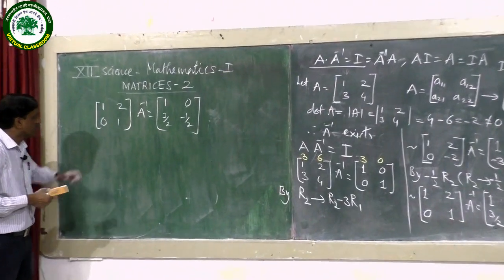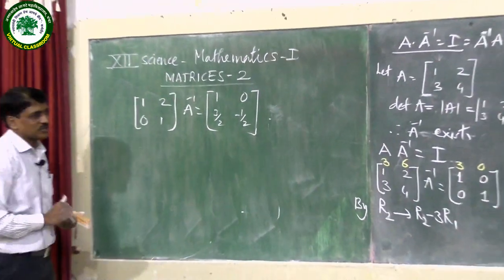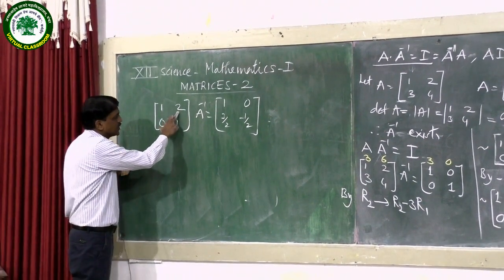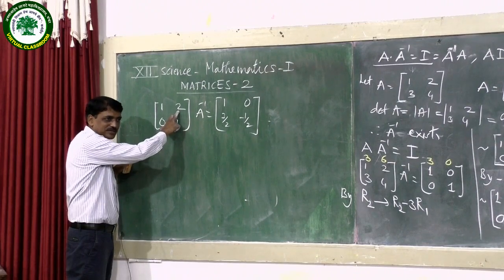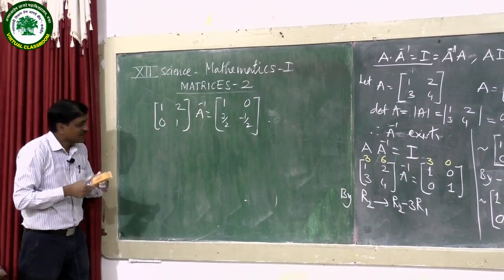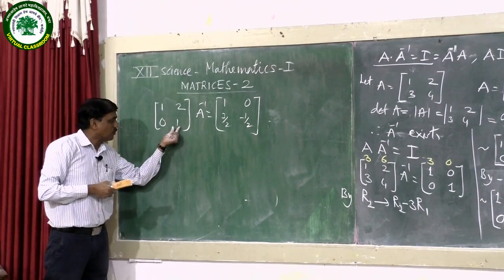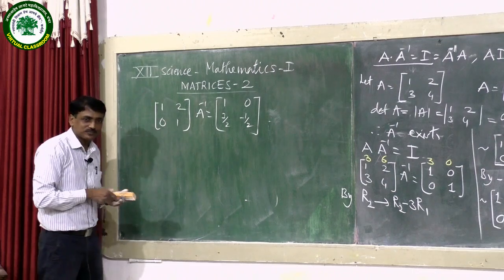Now how do we convert this 2 into 0? We need 2 to subtract from it. And how can we get 2 here? Multiply the second row by 2 and subtract it from the first row.